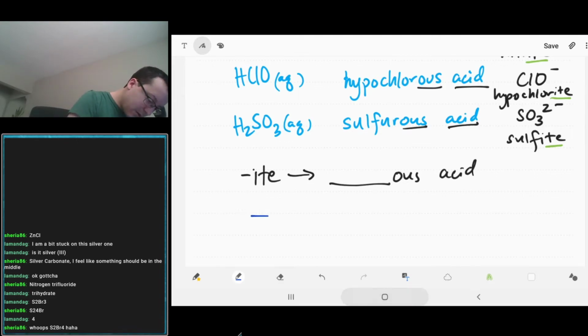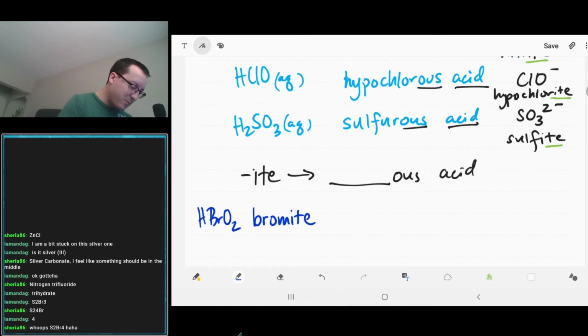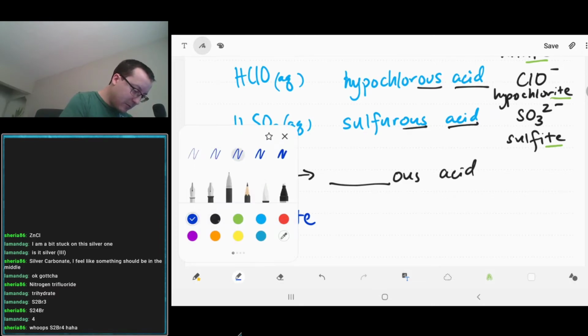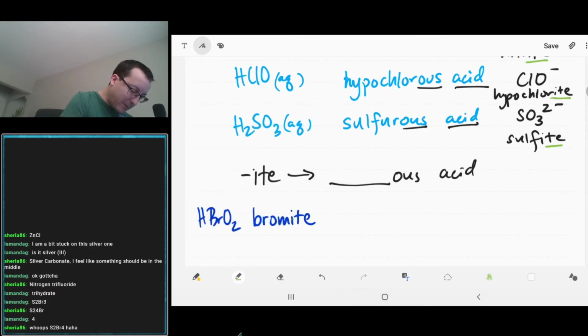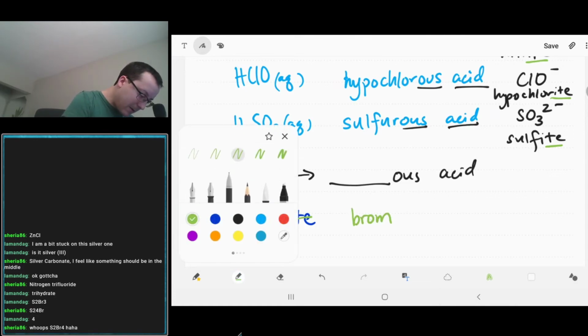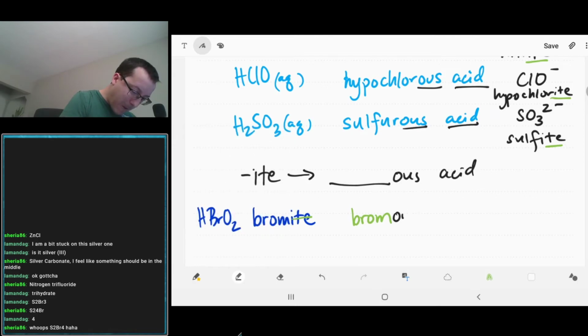We've got this one that came from bromite. So we drop the ite and make it bromous acid.